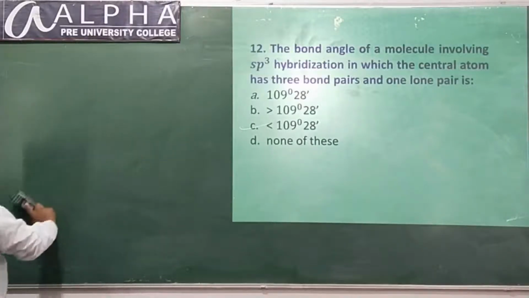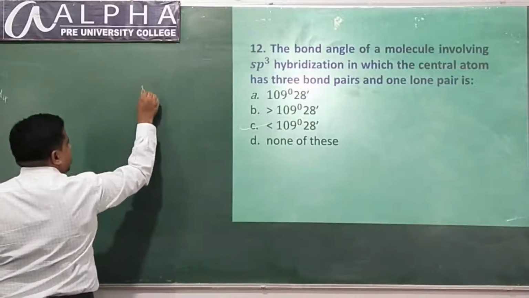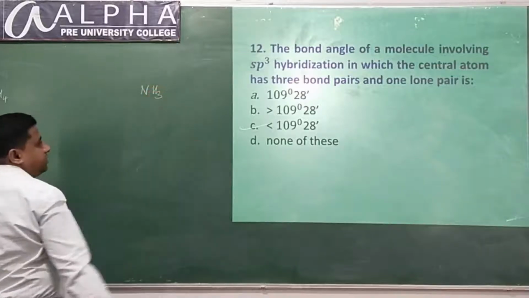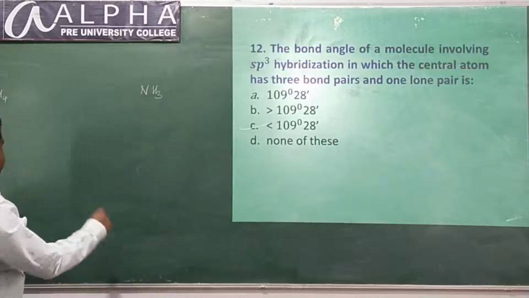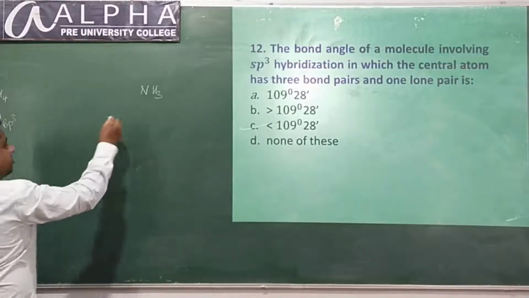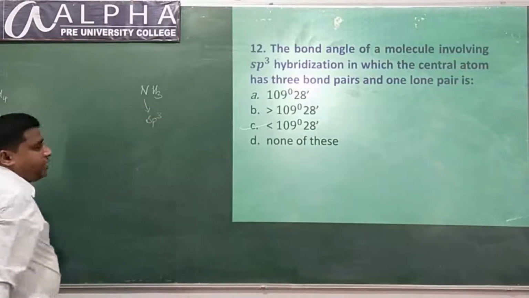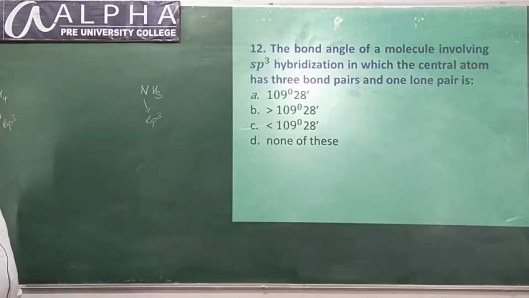I'll take the example of methane and the example of ammonia, NH3. Methane is sp3 hybridized, and nitrogen is also sp3 hybridized. But look at the difference here.